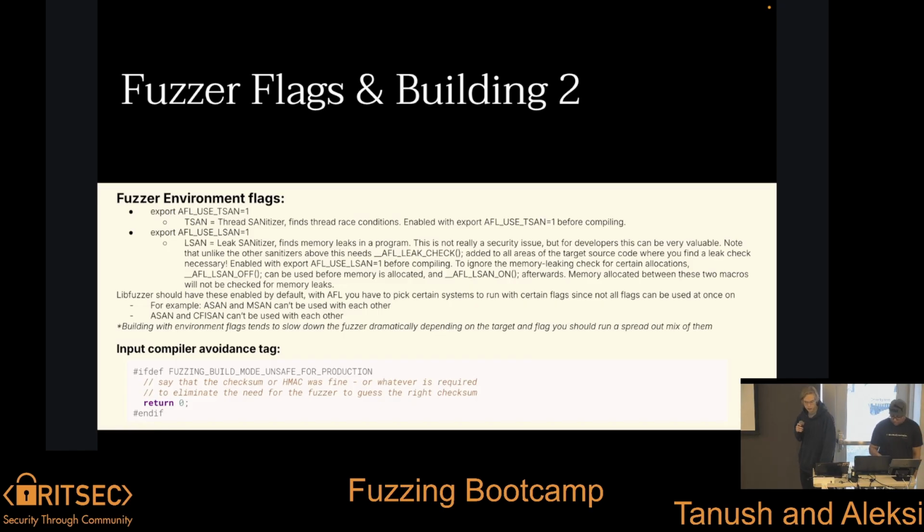So imagine the code logic is checking an HMAC or a digital signature that the fuzzer will never be able to guess. Then you can use this to always return a valid signature. You can basically eliminate the need for the fuzzer to guess the correct checksum. I think you also just wrap your code in the ifdef and endif to achieve that.